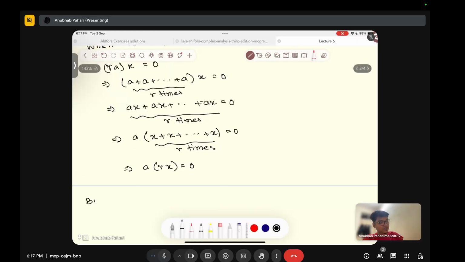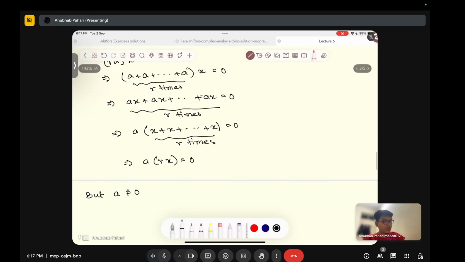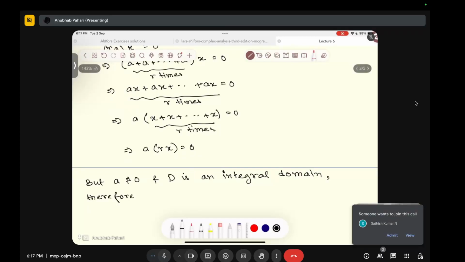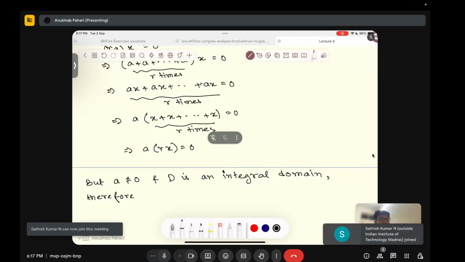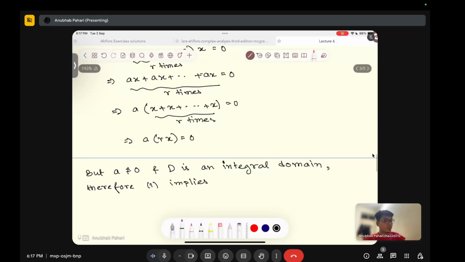But your A is non-zero and D is an integral domain. Therefore, this implies RX equals to 0.